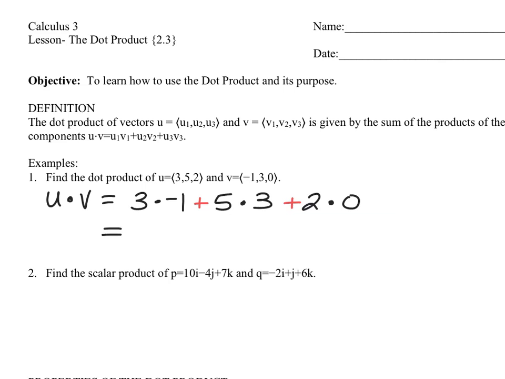The answer is going to be a scalar, not a vector. The cross product will give you the vector that is perpendicular to the first two vectors, so it will be in IJK. So we get a result of 12 here.